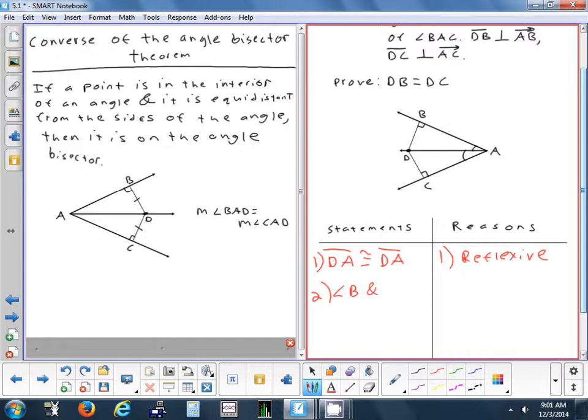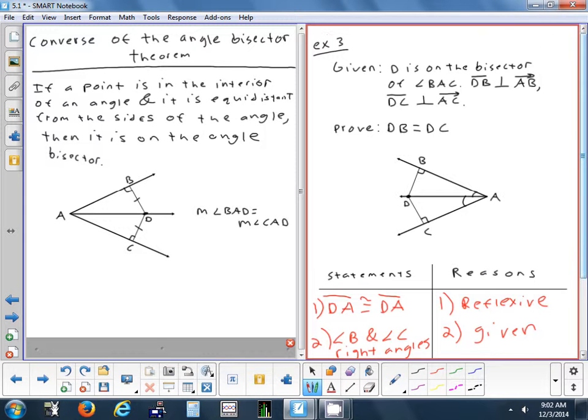Angle B and C are right angles. Reason, that's given. They tell me I have perpendicular segments, so we know that if it's perpendicular, it makes a right angle. We could say definition of perpendicular as well, but that's fine.